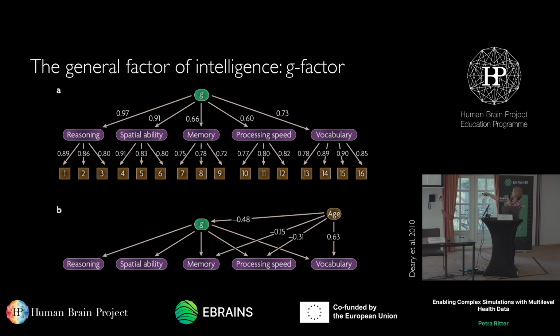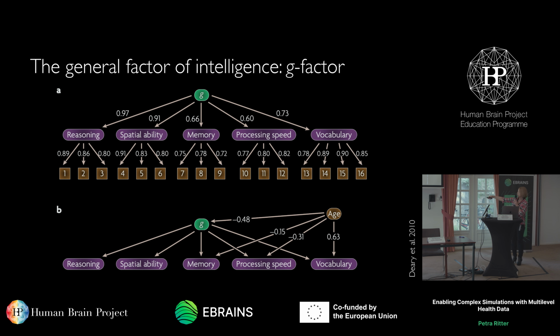And these are also just examples, but it is to explain the concept of general factor of intelligence. So the general factor of intelligence, G, is correlated to the different cognitive domains and to the different tests that test the ability or performance in the different cognitive domains.